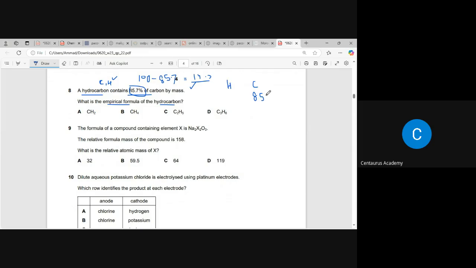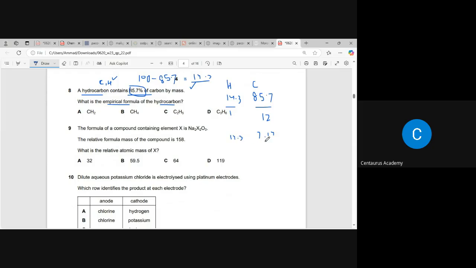The rest of it is hydrogen's percentage by mass, which is 14.3. Divide them by their relative atomic masses, so 12 and 1. 85.7 divided by 12 gives 7.14, and this is 14.3.